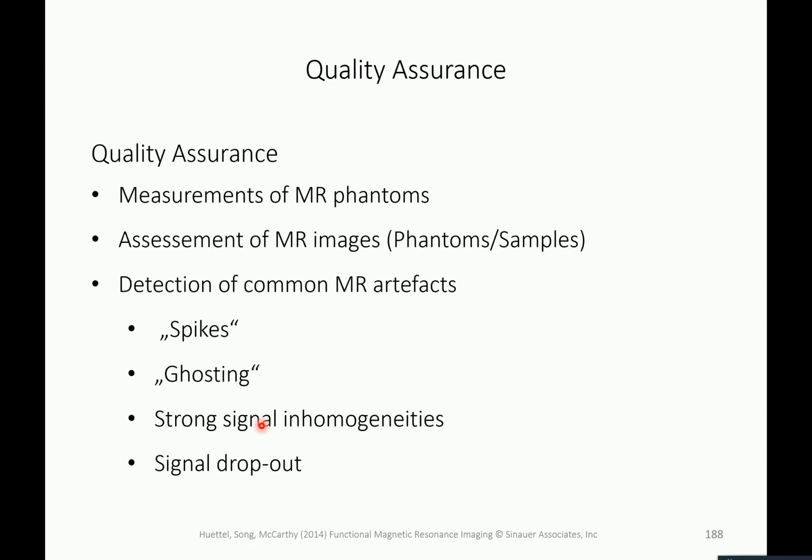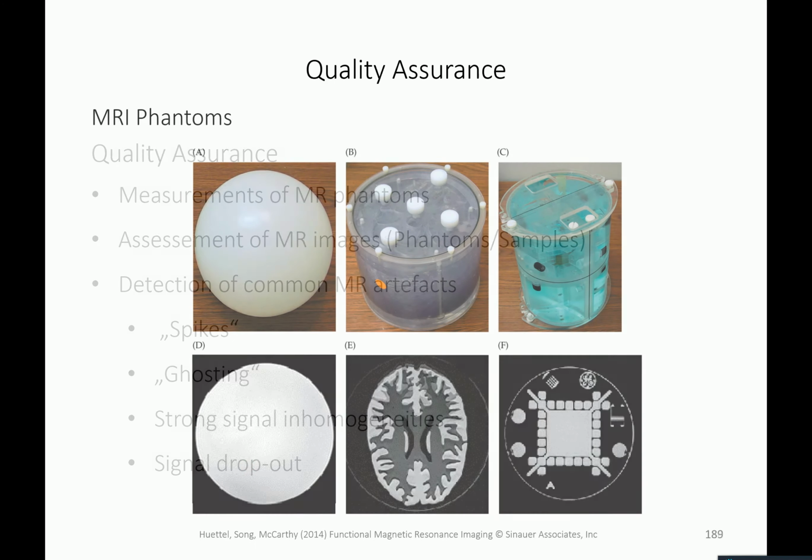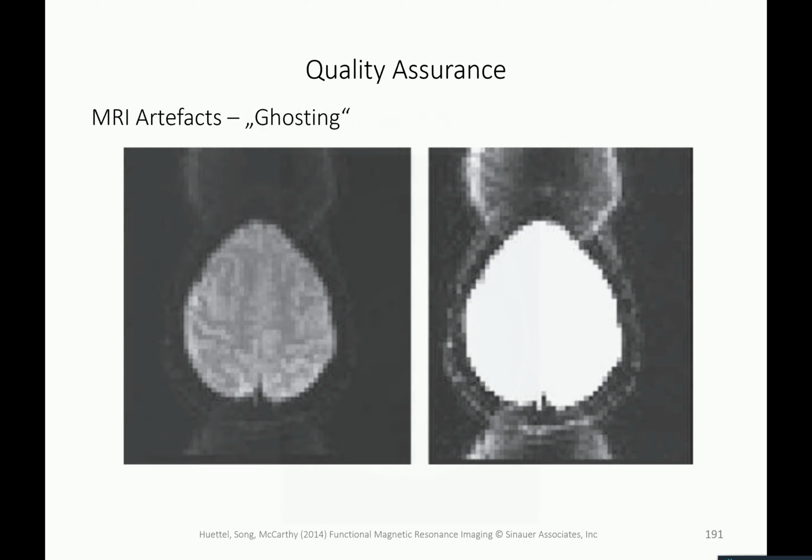If you have them, talk to the radiographer and advisor. Signal dropout is natural for things like orbital frontal and temporal pole. If you're particularly interested in these areas, you need some special sequences which try to avoid strong signal dropout there. Otherwise, you just have to deal with it and say, okay, that's fMRI. We have this signal dropout.